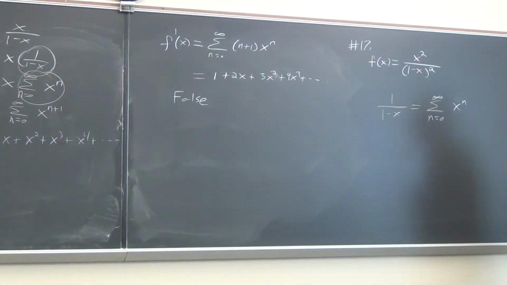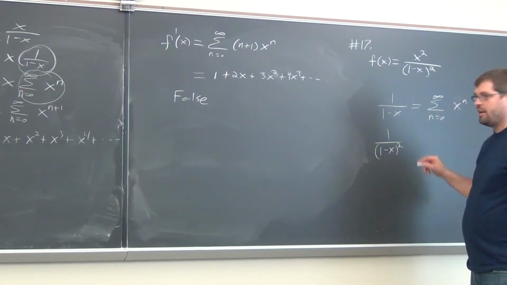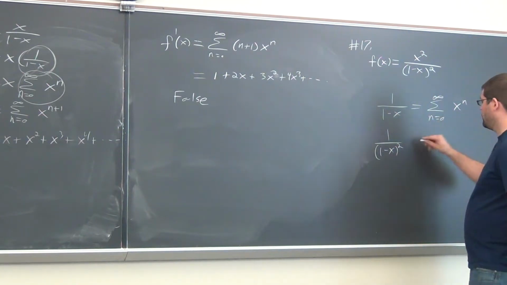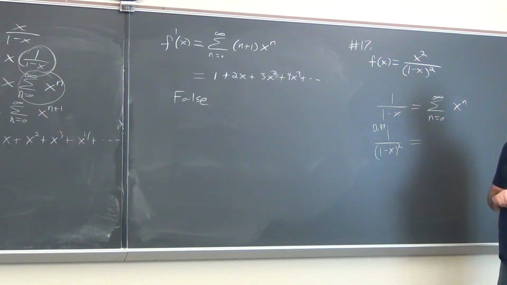And then we know the derivatives of this. What's the derivative of 1 over 1 minus x? It's just that, right? And what's the derivative on the right-hand side? We differentiate, we get this on the left, and on the right, 1 and x.